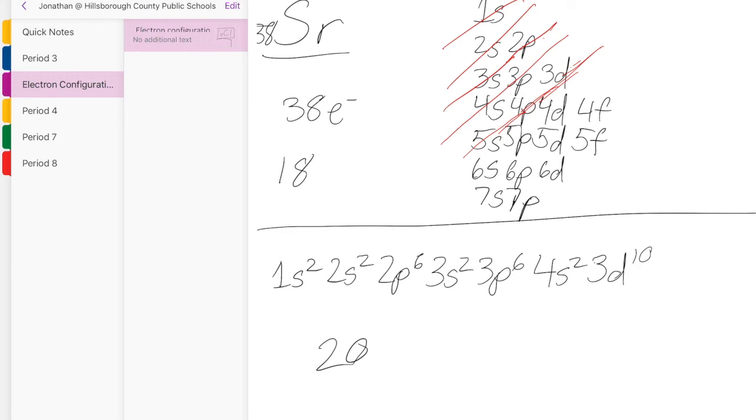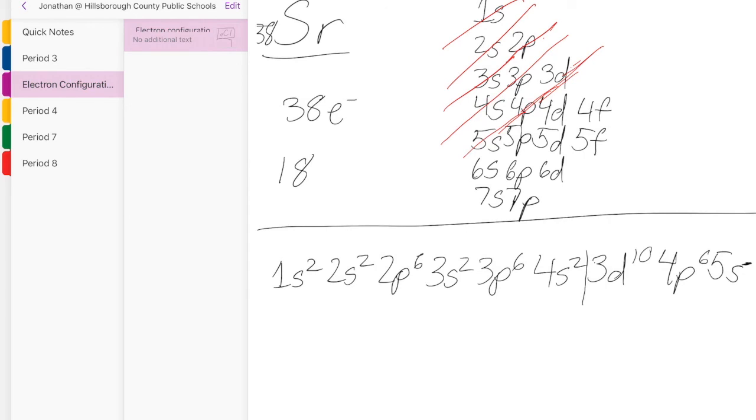Then we're going to go into 4p. Now, p has 6 electrons max, right? So we're going to put 6, and then we'll write 5s, and we'll leave it there for now. But let's count up how many we have. Up to here, we had 20.